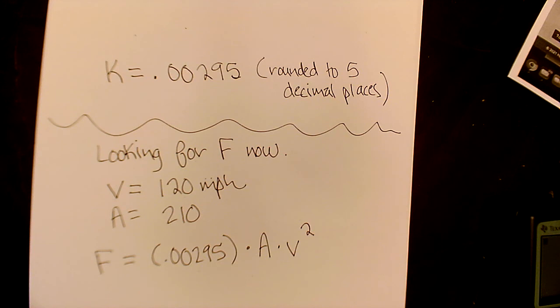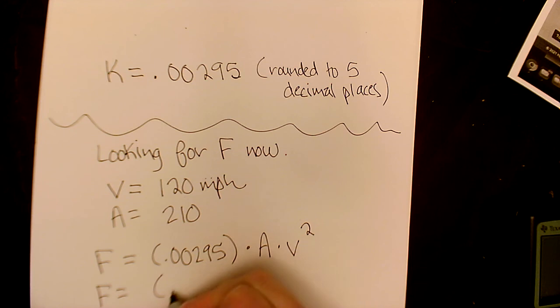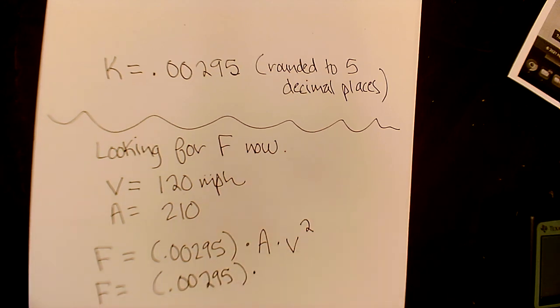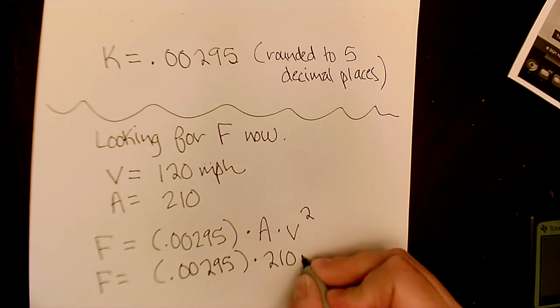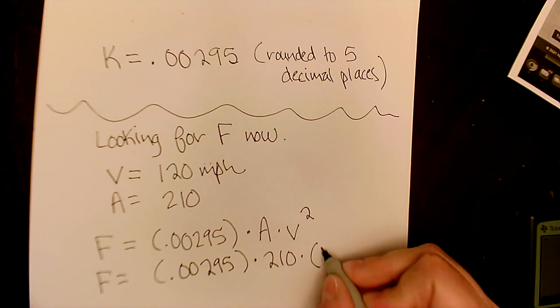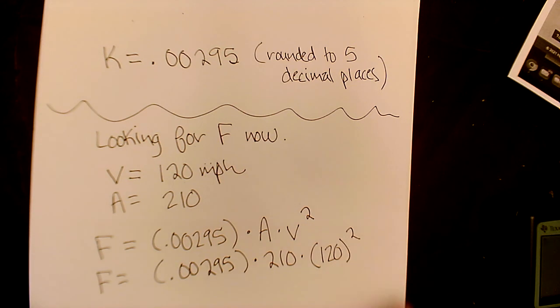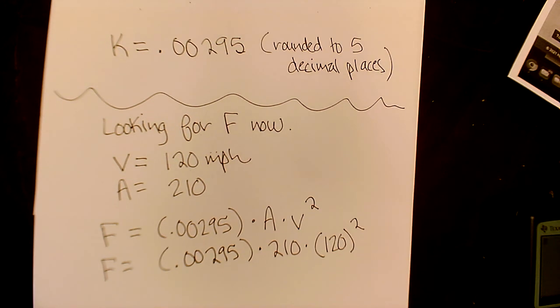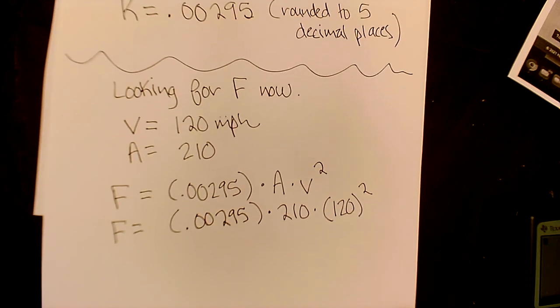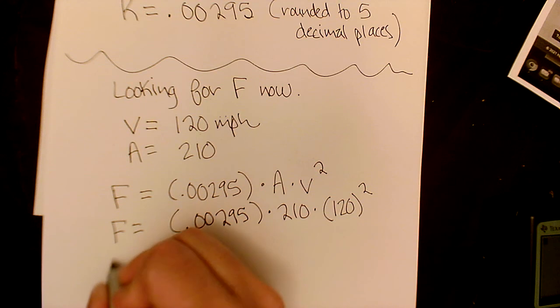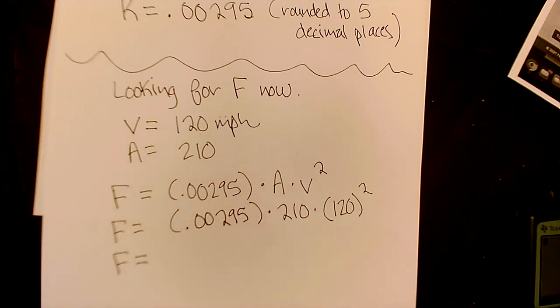Let's go ahead and plug these in. So force, this is my K that we found, my area is 210, and my velocity is now 120, and I'm going to square that. Again, I would just punch this all in the calculator, which you can do.